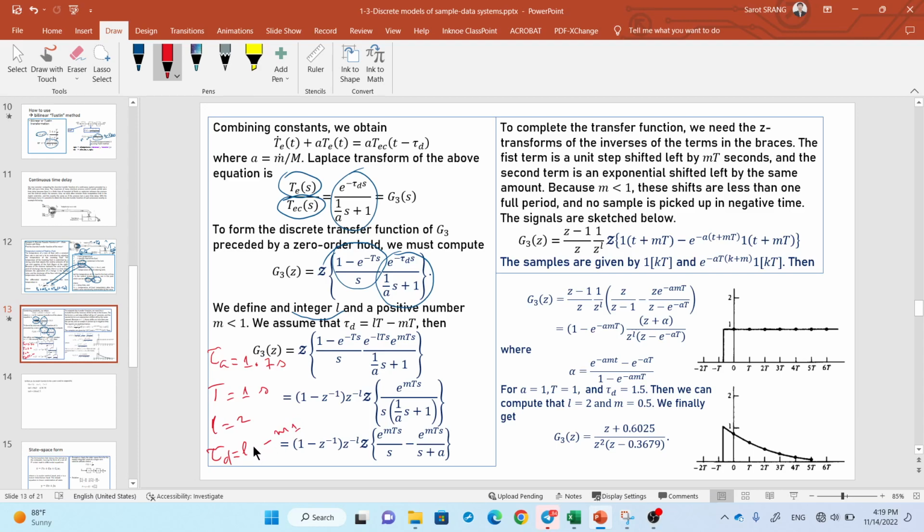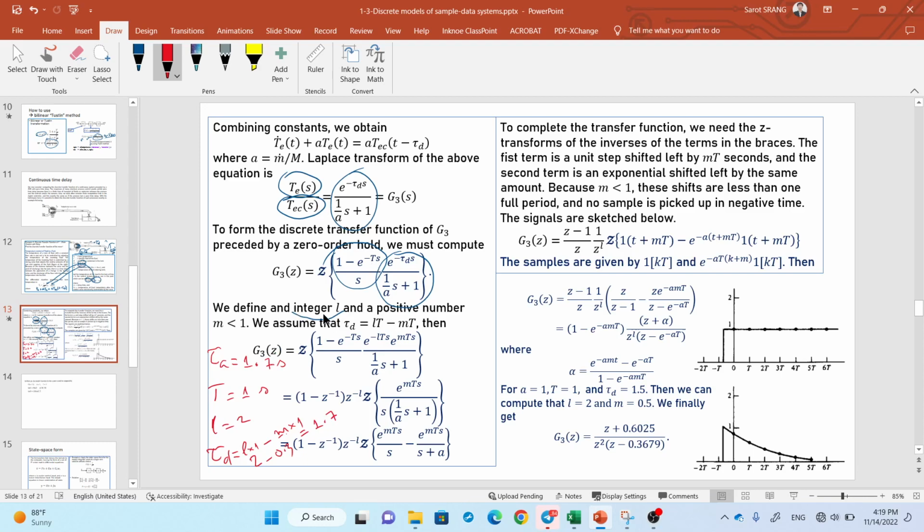So what is the value of m? L is 2, so m should be 0.3, right? So you have 1.7. Okay? This is the idea.